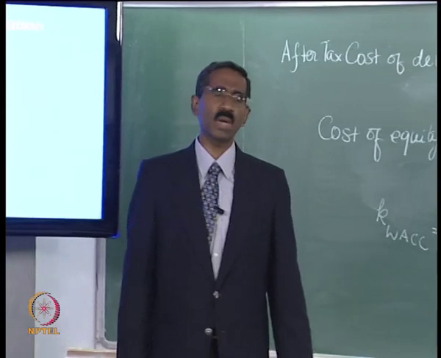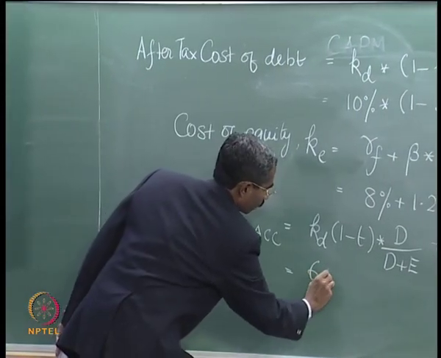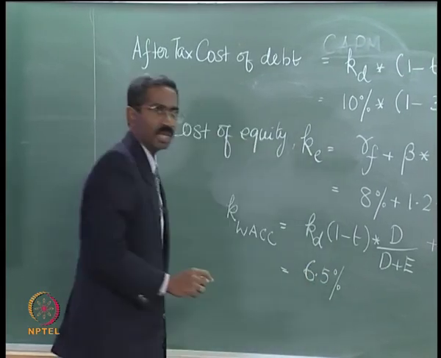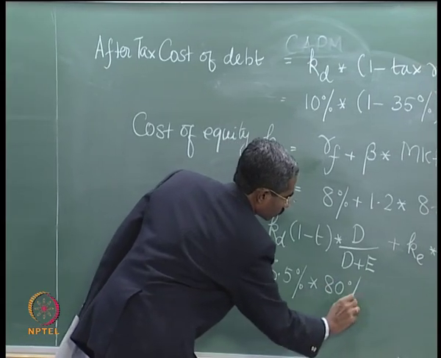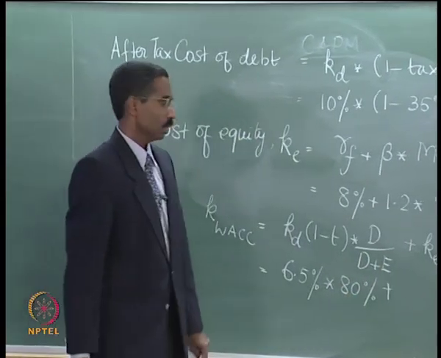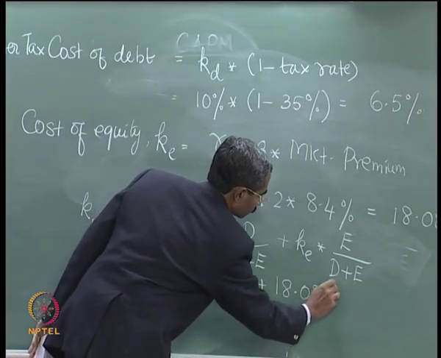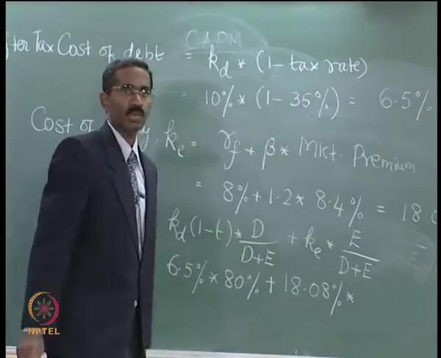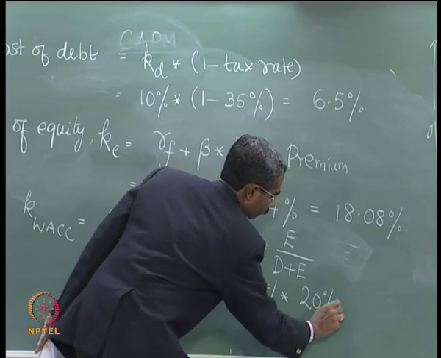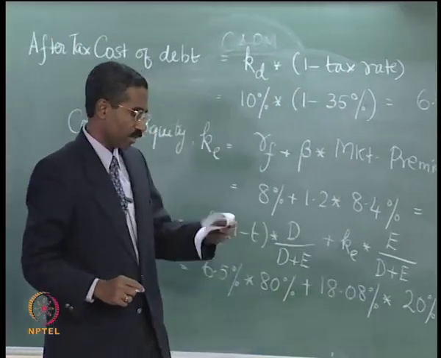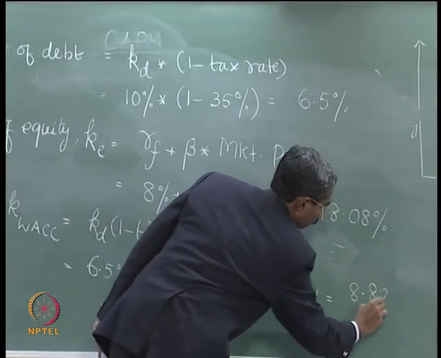If we substitute these values, we get 6.5% as the after tax cost of debt multiplied by 80%, which is the proportion of debt used for the project, plus the cost of equity, 18.08%, multiplied by the proportion of equity for the project, which is your 20%. And if we calculate, this works out to 8.82%.